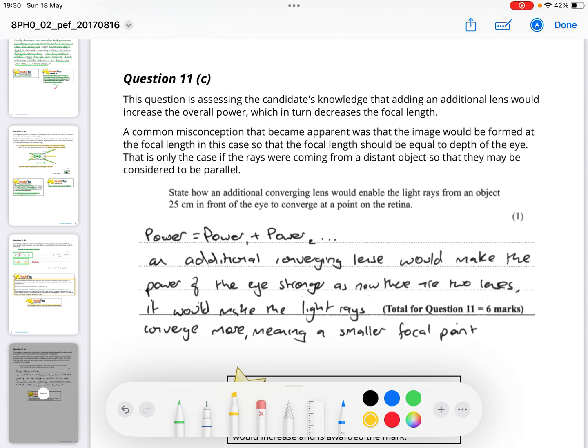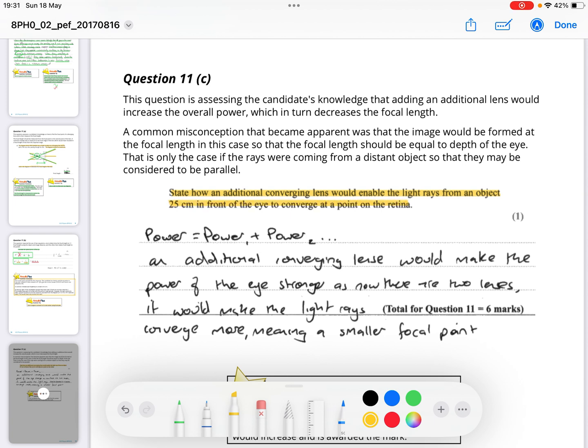For things coming from a distance of reading, like 25 centimeters away, which is what's called our near point distance, this may be corrected for the person with this eye problem by adding another converging lens, and they're saying, state how adding another converging lens would enable the light rays from the object 25 centimeters in front of the eye to converge on the retina.